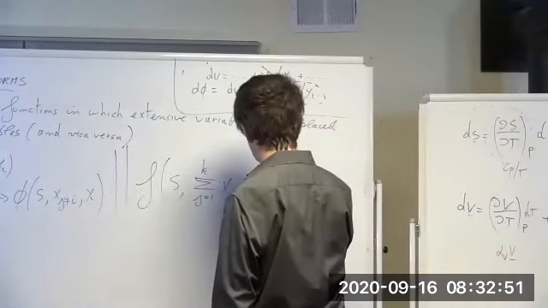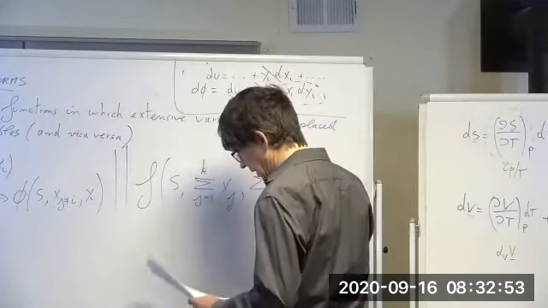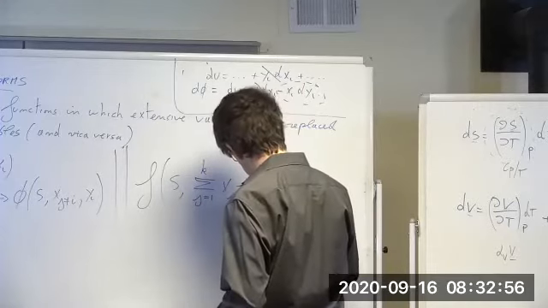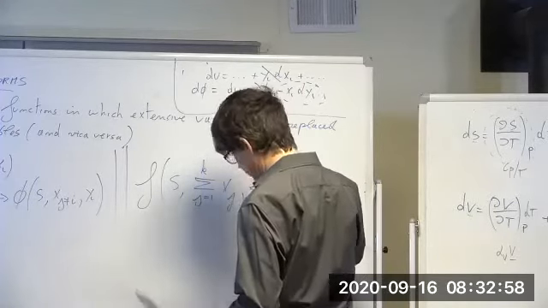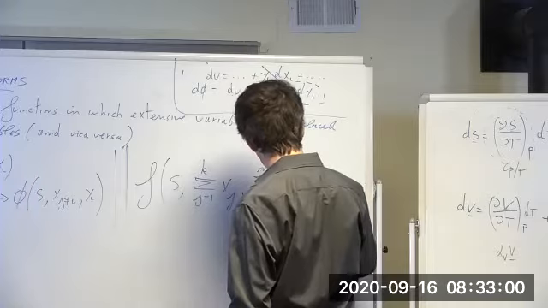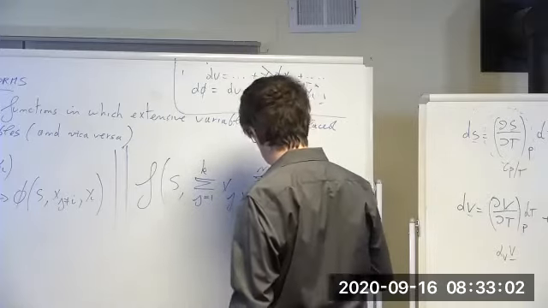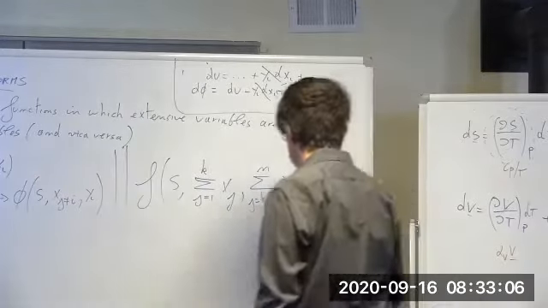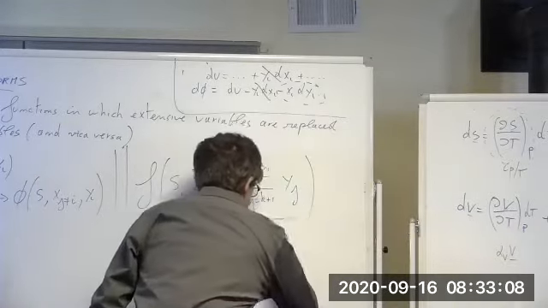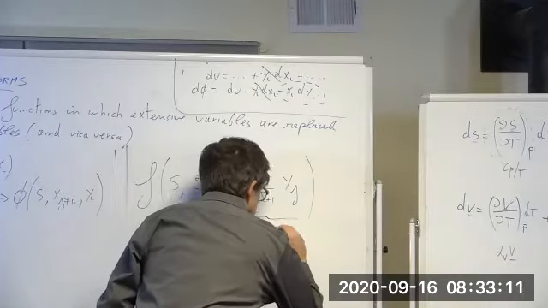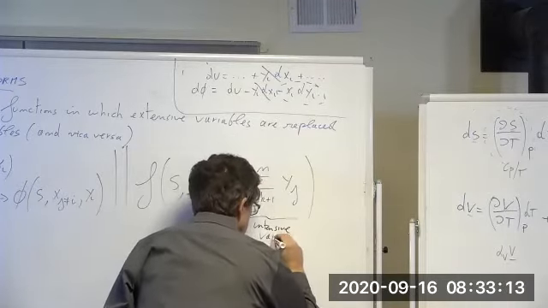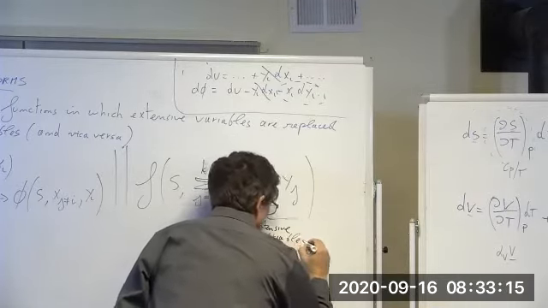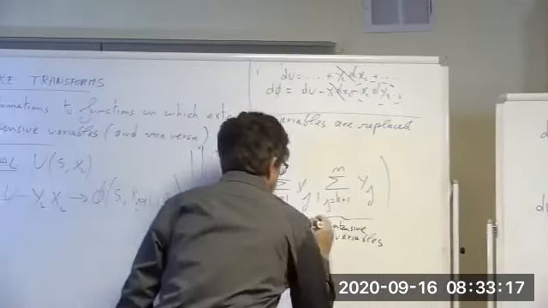And then some j is k plus 1 to, what did I call it, n of the yj, right? So this is the set of intensive variables. And this is the set of extensive variables.